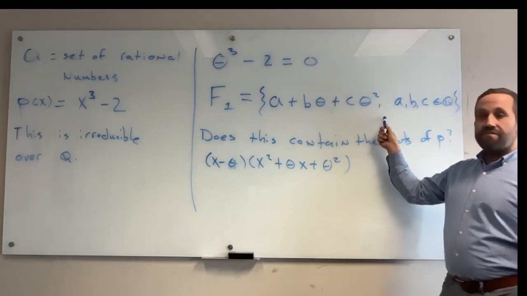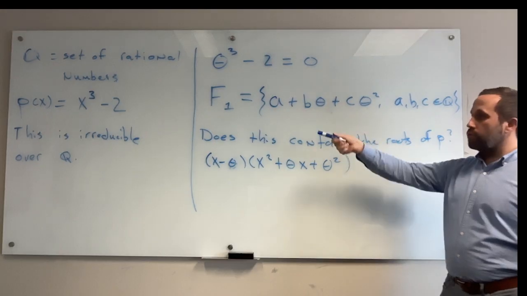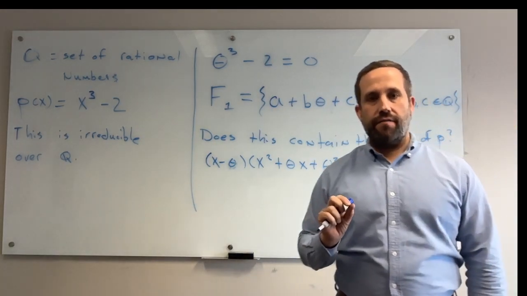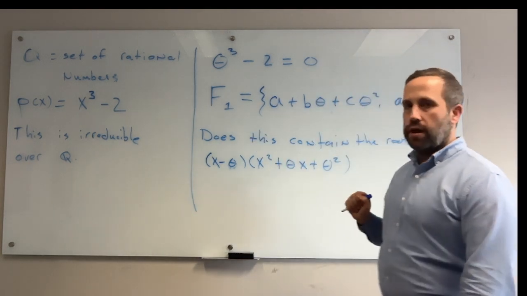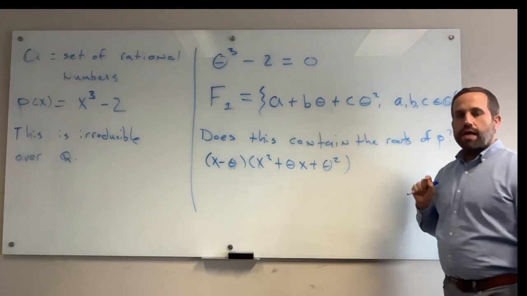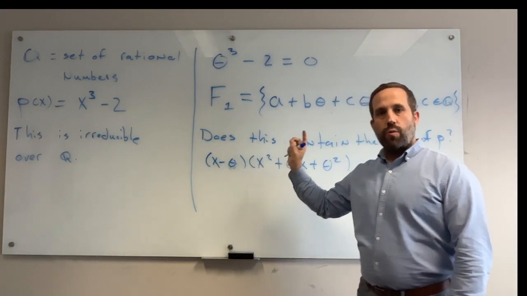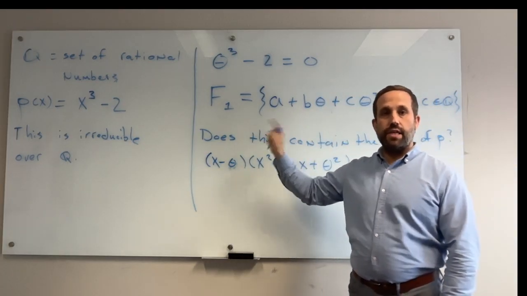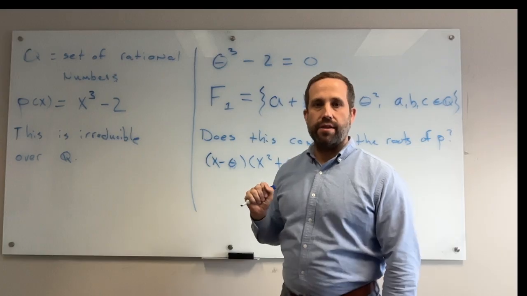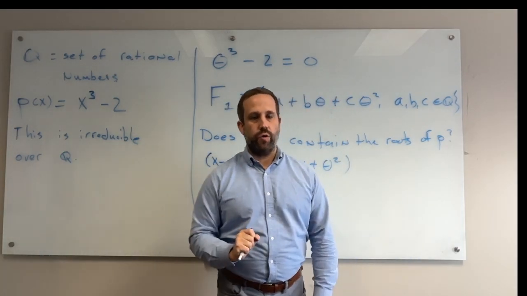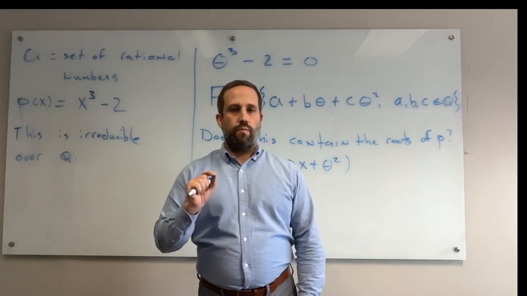So this is a field, and it gives one root of this polynomial x cubed minus 2, but it does not give all of the roots of this polynomial x cubed minus 2. Here's what's missing. So before, remember what we got. We got the plus and minus. When we looked at the polynomial x squared minus 2, we got the plus square root of 2 and minus the square root of 2.